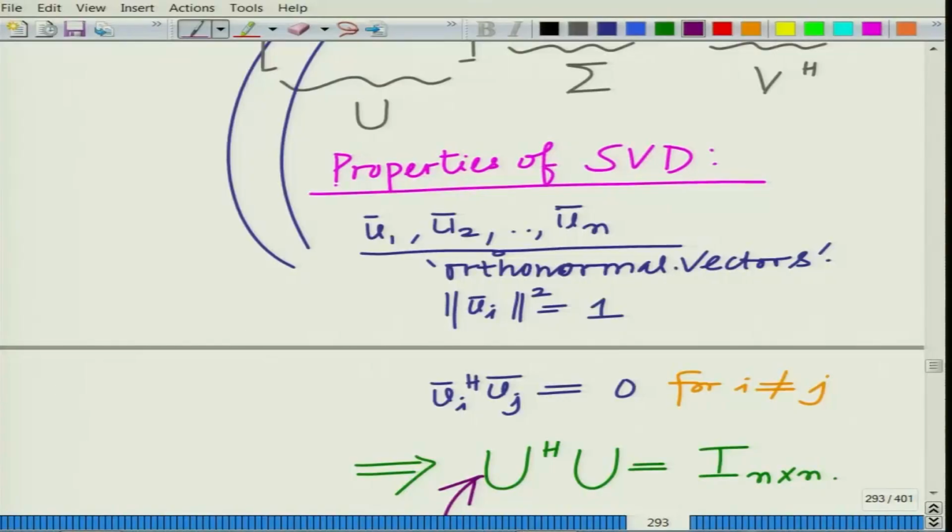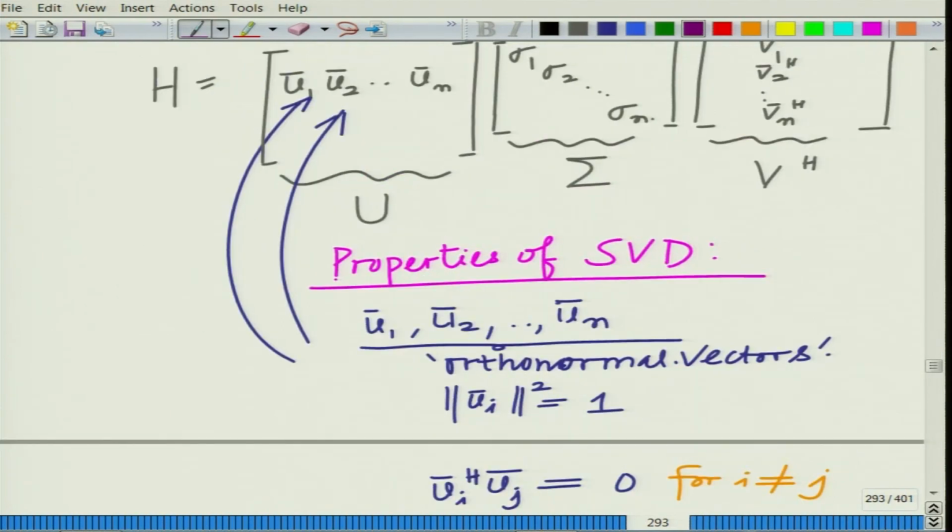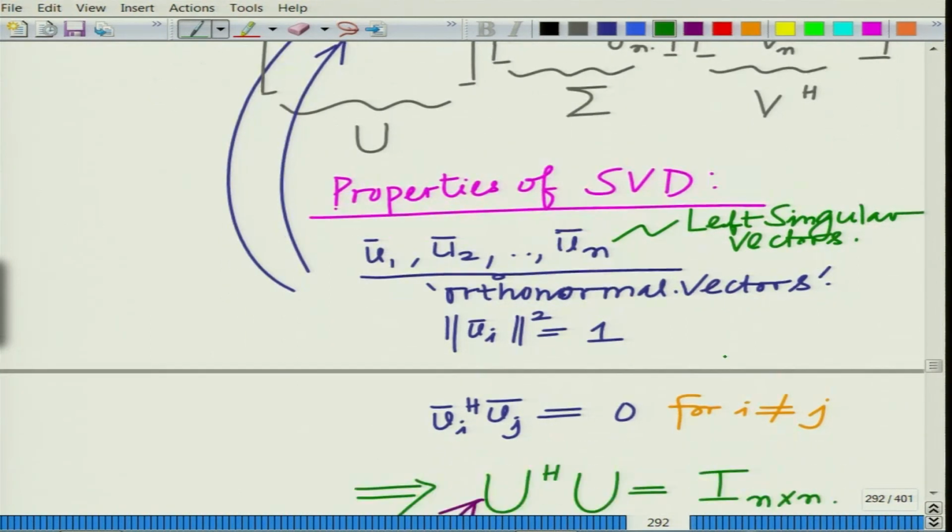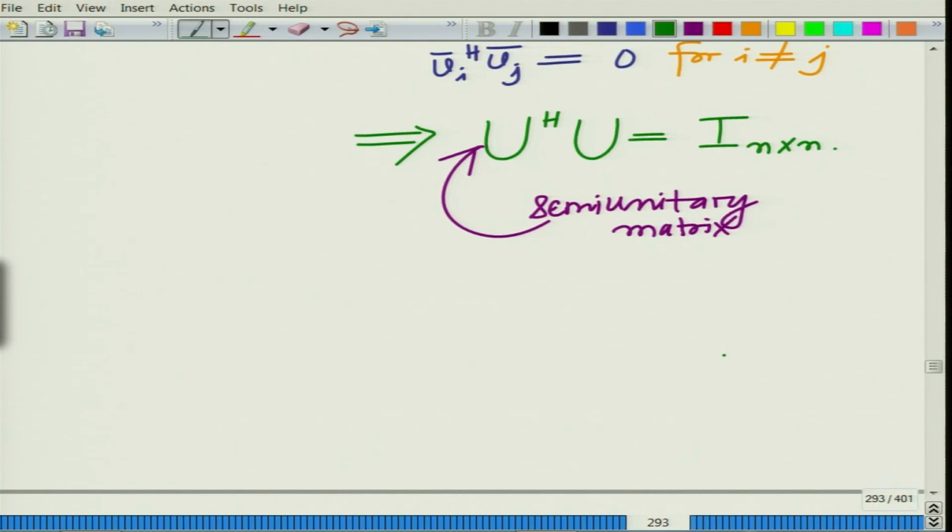And these vectors are known as the left singular vectors, that is, these vectors u1 bar, u2 bar, un bar in the singular value decomposition, which are in the matrix U on the left, are known as the, it's self explanatory, these are known as the left singular vectors.